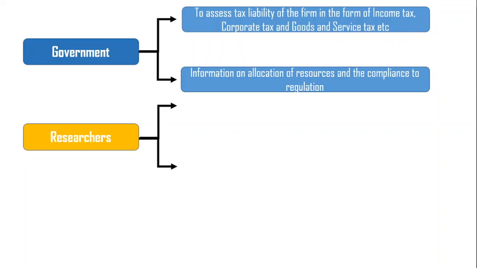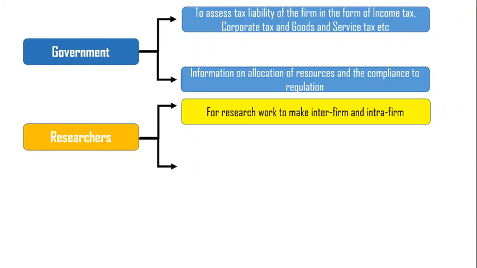These types of comparison are called interfirm and intrafirm comparison. Interfirm means ABC company compared with XYZ company. Intrafirm means ABC company's current year data compared with previous year data.